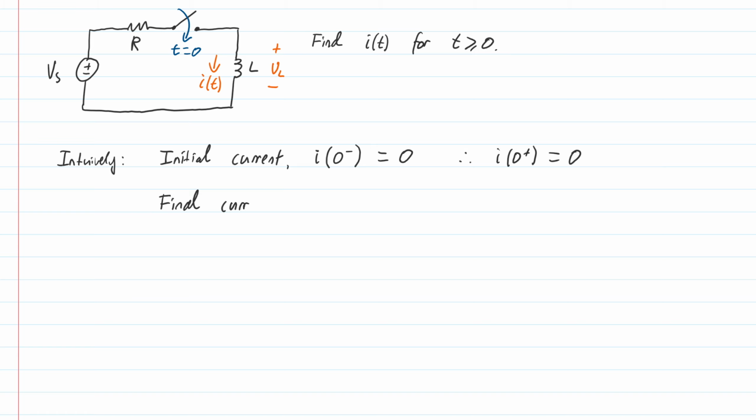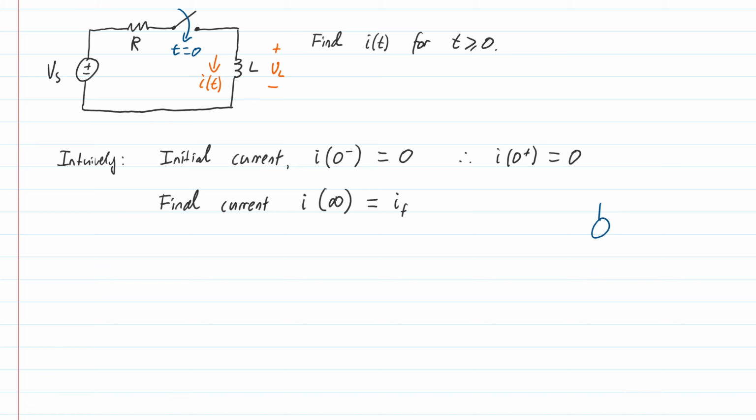We can evaluate what will be the so-called final current. This is what happens after steady state conditions have been reached. The final current, I'm going to write it as I of infinity, meaning a limit as t goes to infinity. You might also see this written as I sub f, f for final. In order to analyze that, we would replace the inductor with a short circuit.